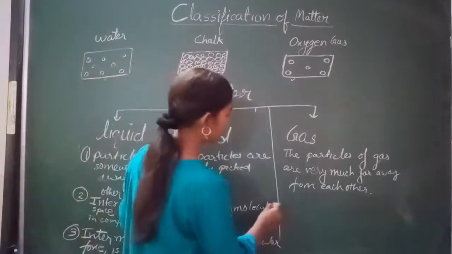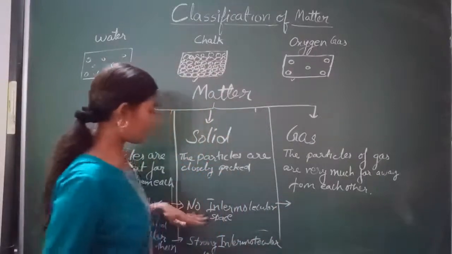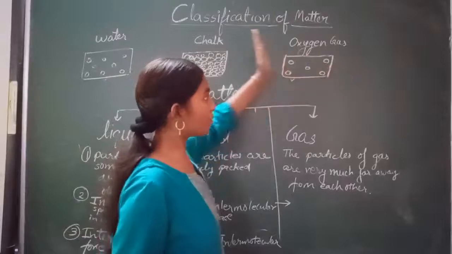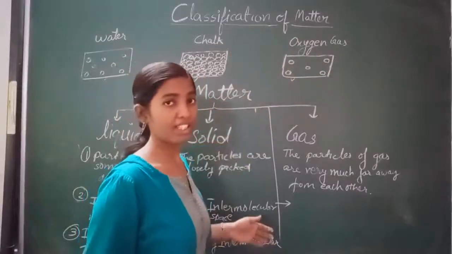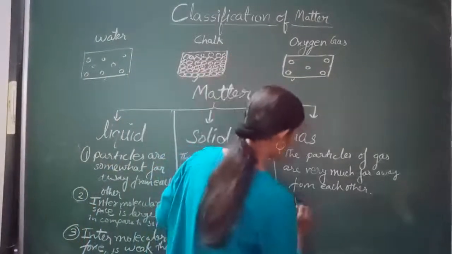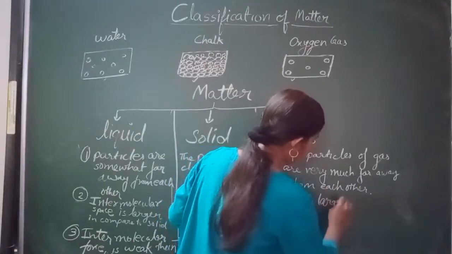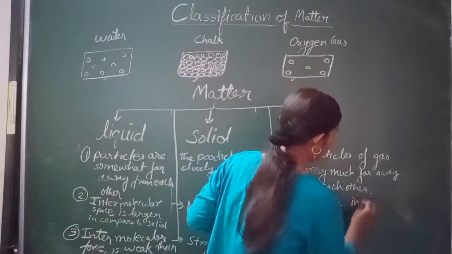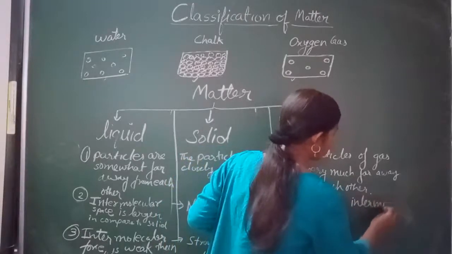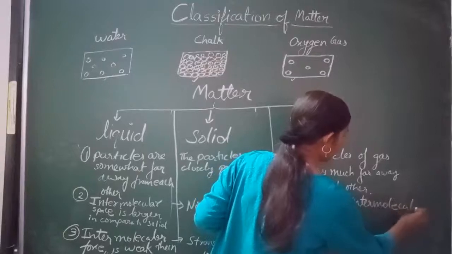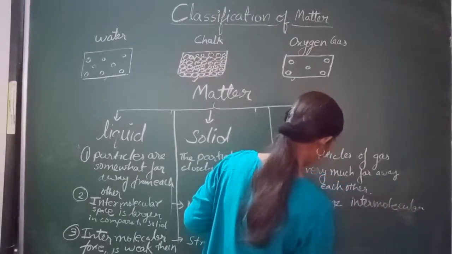Now in this one there is no intermolecular space, but you see in this one too much intermolecular space. So we can say there is very large intermolecular space.